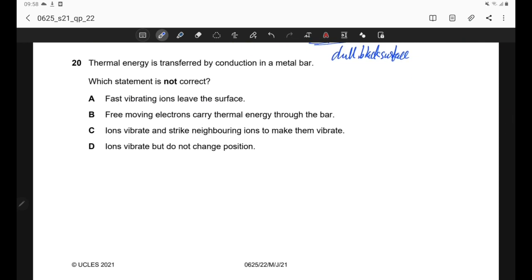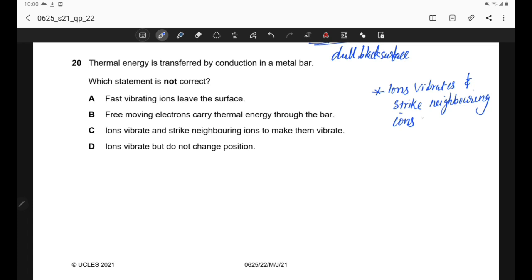Question 20. Thermal energy is transferred by conduction in a metal bar. Which statement is not correct? In metal bars, thermal energy is transferred basically in two ways. The first one is that the lattice of ions vibrate and strike neighboring ions, and these ions will be staying in the same place.